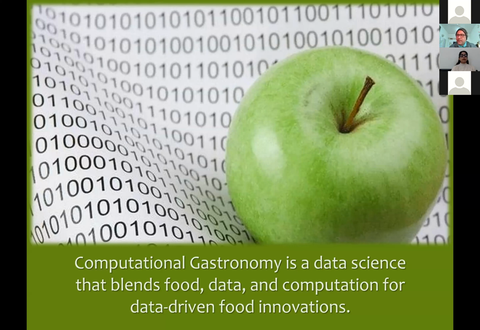That's how I define computational gastronomy. The idea here is to bring together disparate entities such as food, data, and computation to come up with interesting innovations. And I'm going to point out what innovations we are coming forward with, which touch upon different aspects of food, gastronomy, and even health for that matter.